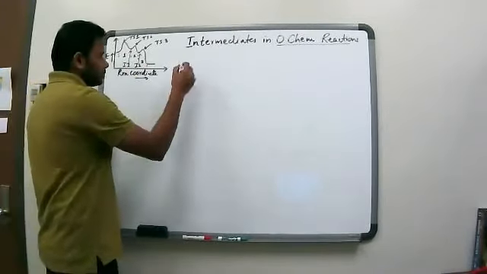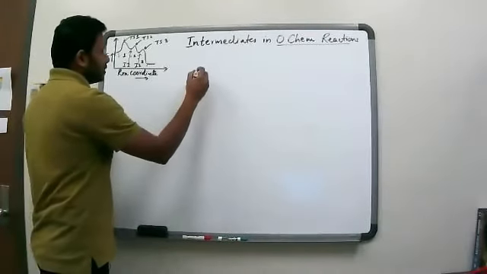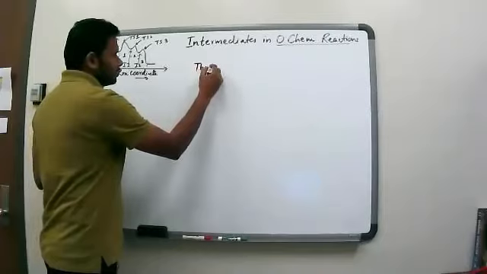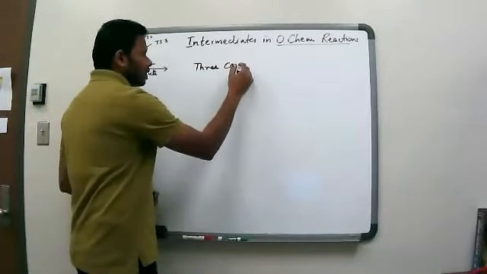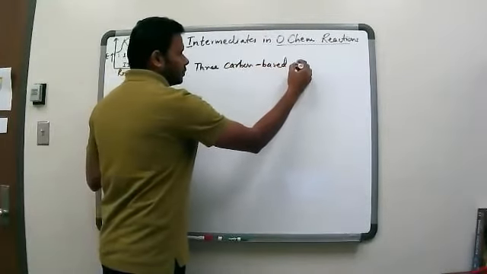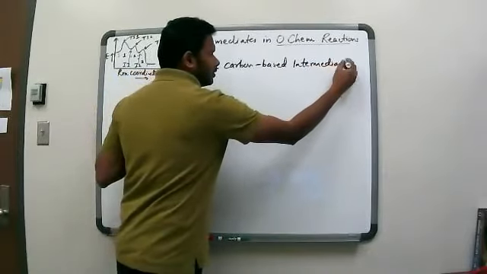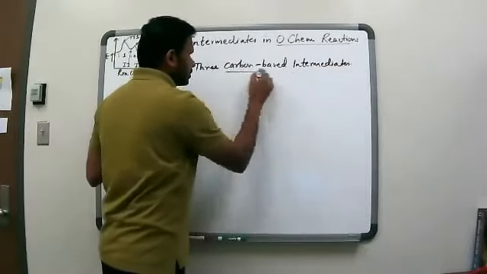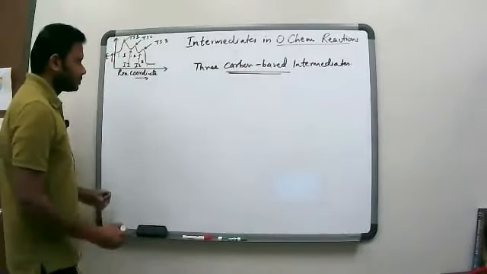There are basically 3 kinds of carbon-based intermediates that we will encounter. Okay, there are more, but we're referring to the carbon-based intermediates.